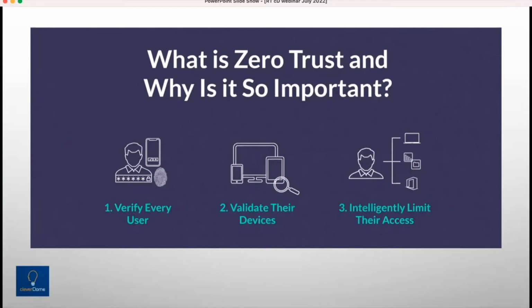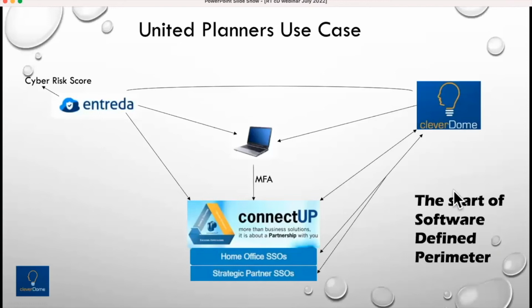Brian, here we have a use case with United Planners. Can you tell us the story of how United Planners went dark? Yeah, so we got Trada, an auditing tool for cybersecurity, to make sure all of the devices accessing our back office website are up to date and have the proper cybersecurity tools, so a high cyber risk score, not to mention the credentials and multi-factor authentication built into our ConnectUp website, our main website.